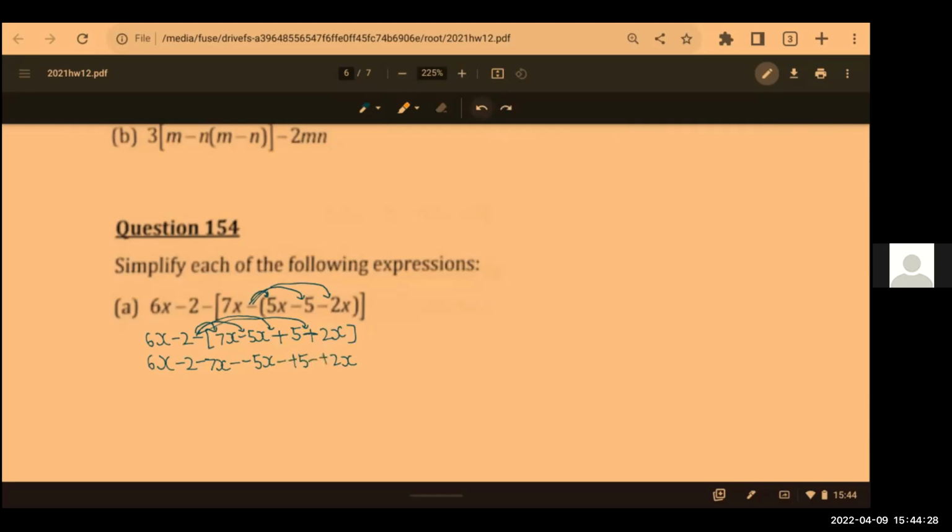If you erase your work, you can't trace. Understand me? So now do the simplification on the next line, because later you can still trace back. If you erase your work, no way. So you underline similar terms and then go ahead and do it.